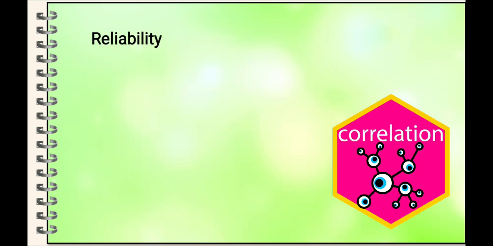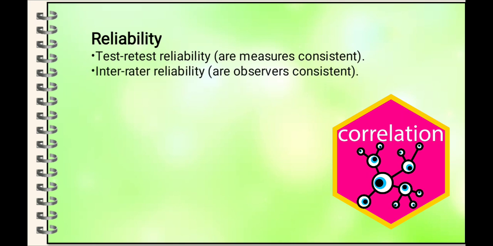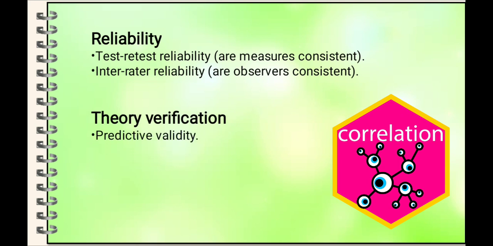Next is reliability. Test-retest reliability asks whether measures are consistent, while inter-rater reliability asks whether observers are consistent. Next is theory verification. It's for predictive validity.